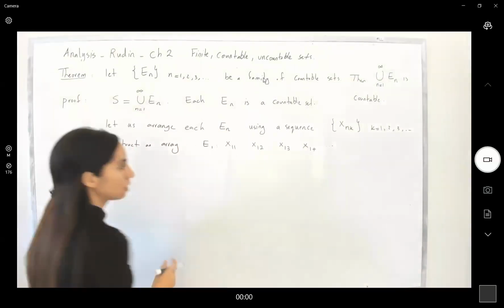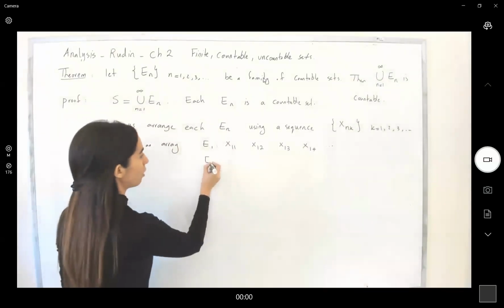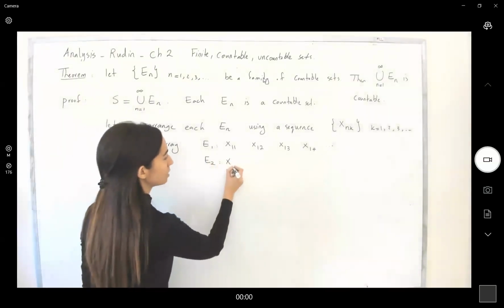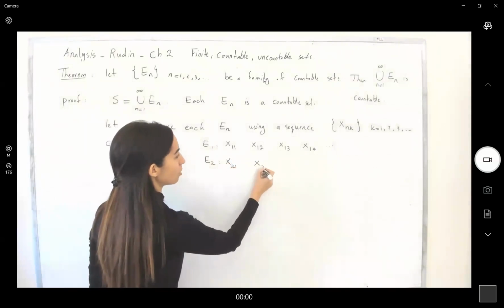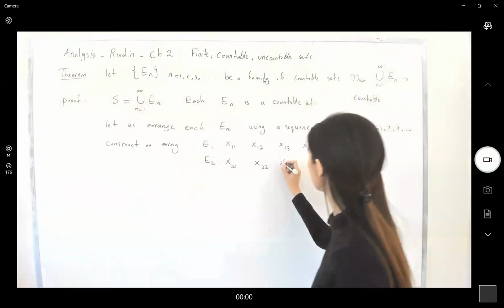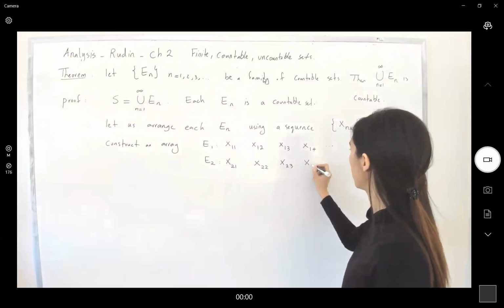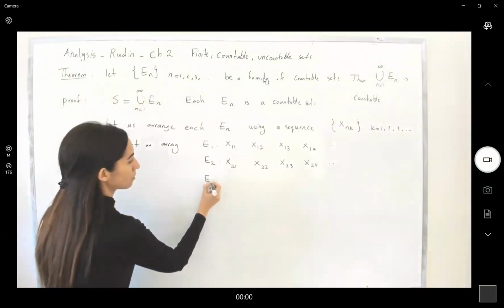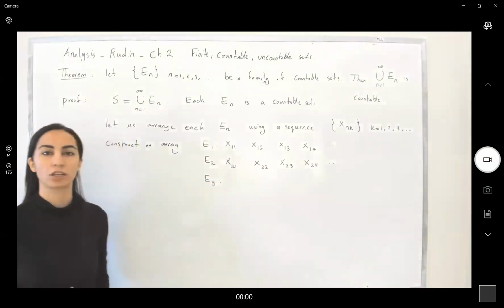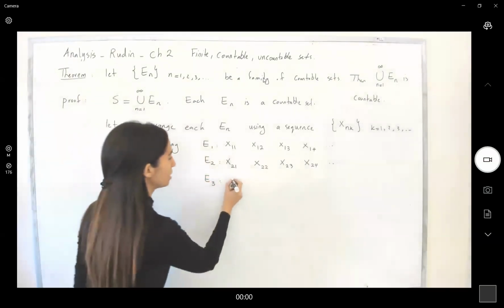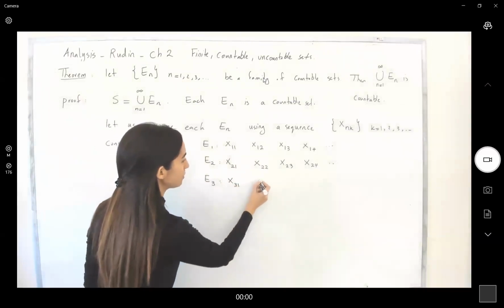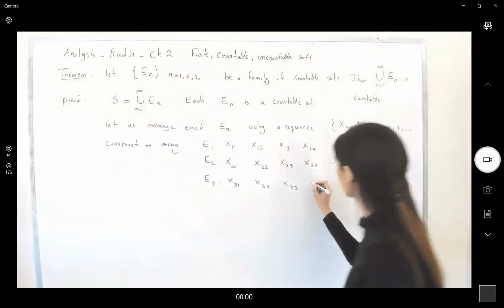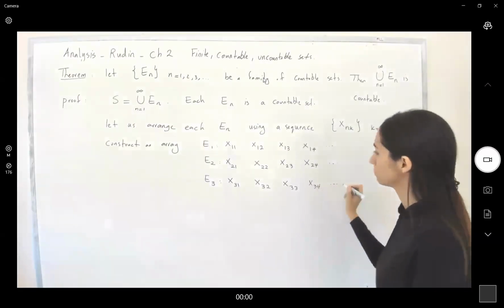Our second row are elements of E sub 2. So we have x sub 2,1, x sub 2,2, x sub 2,3, x sub 2,4, the rest of them. E sub 3 constructs the third row, which is x sub 3,1, x sub 3,2, x sub 3,3, x sub 3,4.